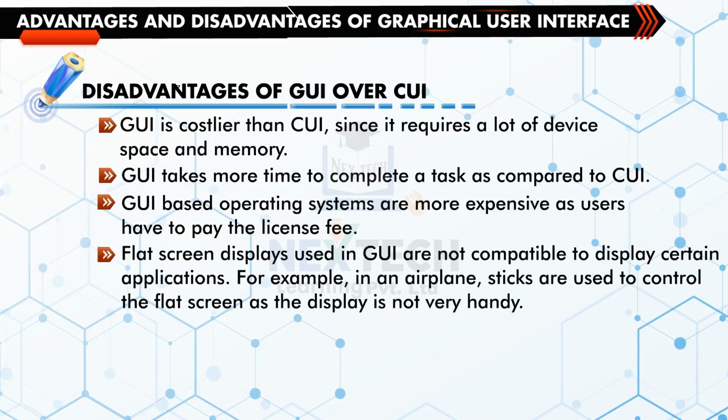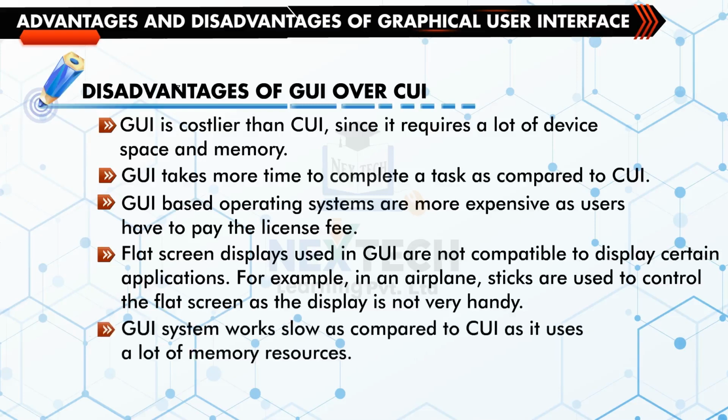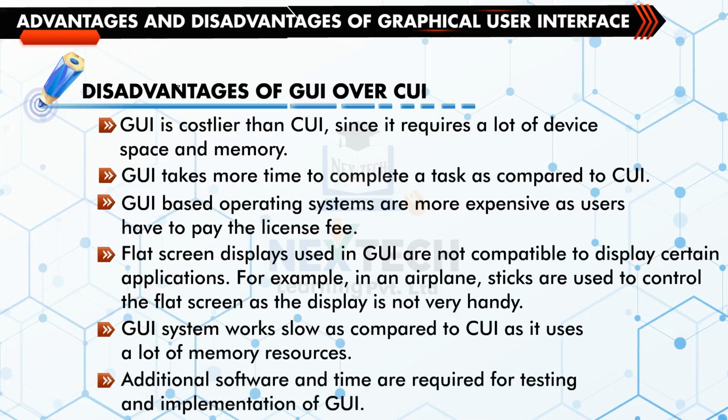For example, in an airplane, sticks are used to control the flat screen as the display is not very handy. GUI system works slow as compared to CUI as it uses a lot of memory resources. Additional software and time are required for testing and implementation of GUI.